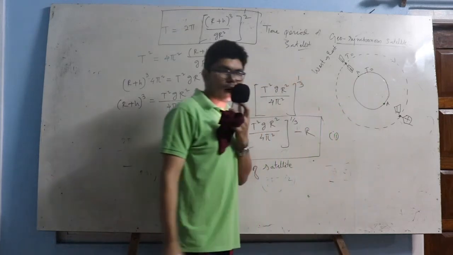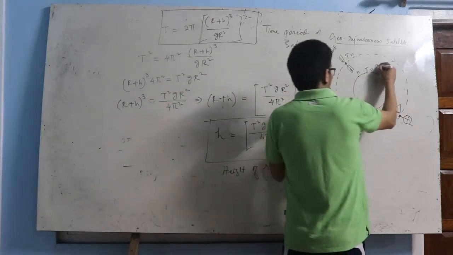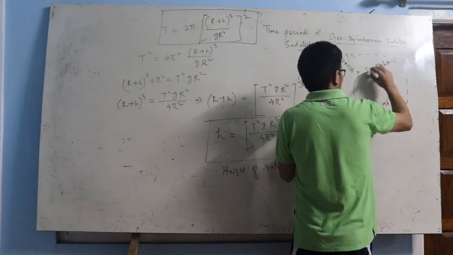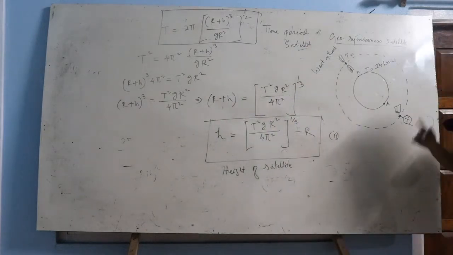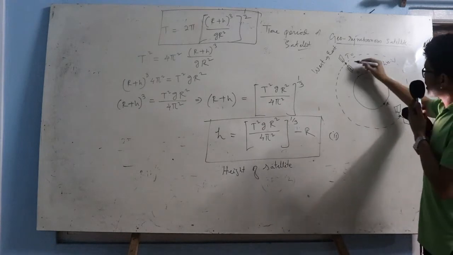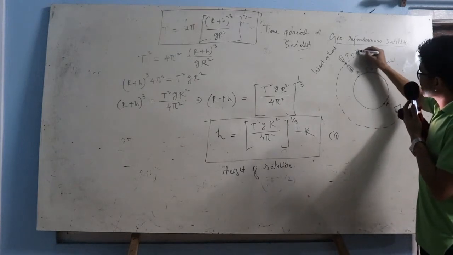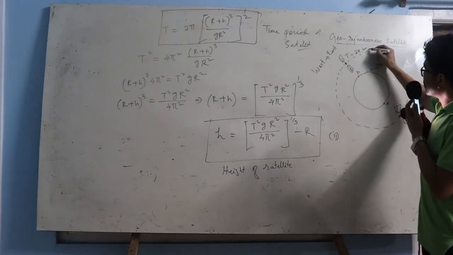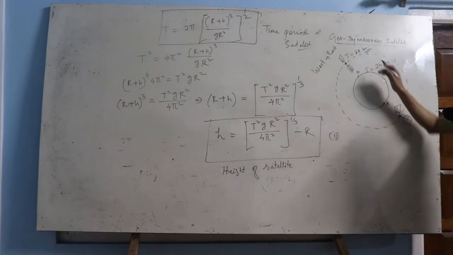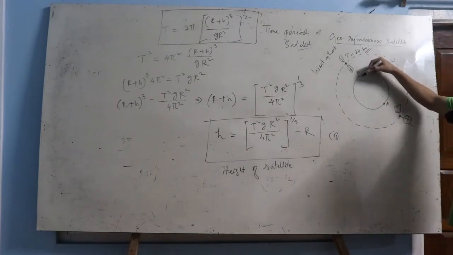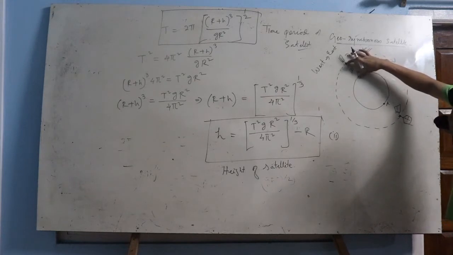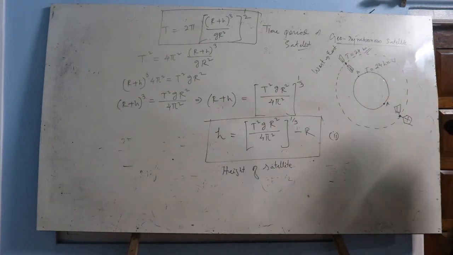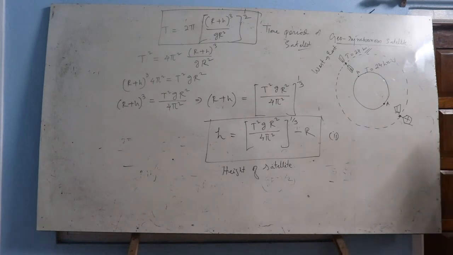For Earth, it takes 24 hours to complete one rotation about its axis. That is 1 day. Similarly, the time period of the satellite should also be exactly equal to 24 hours. If these two time periods are the same, then the satellite will move together with Earth. Then this type of satellite will be called a geosynchronous satellite.